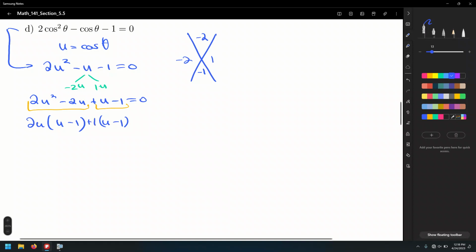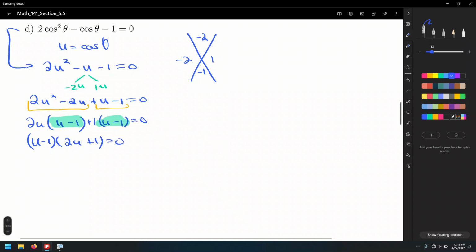I know it's kind of silly to write that 1, but we need to see this second greatest common factor, which is the u minus 1 and the u minus 1. Factor out the u minus 1 to get 2u plus 1 and set that equal to 0.